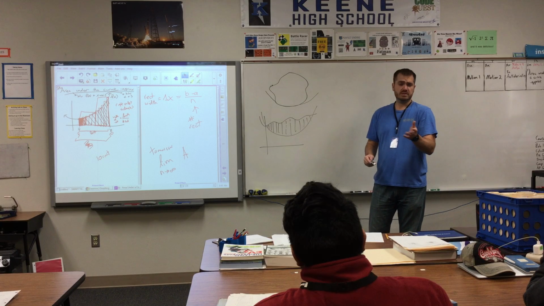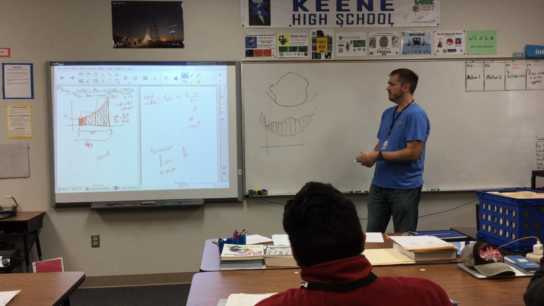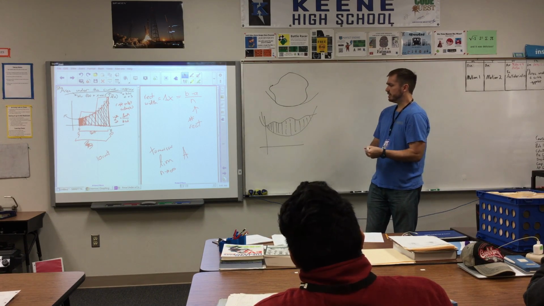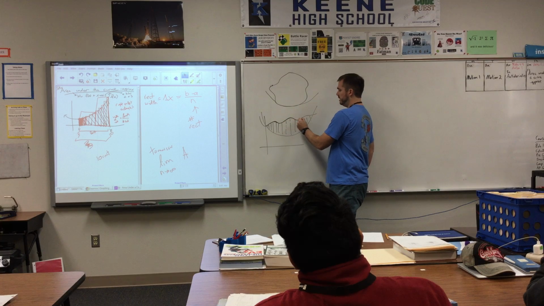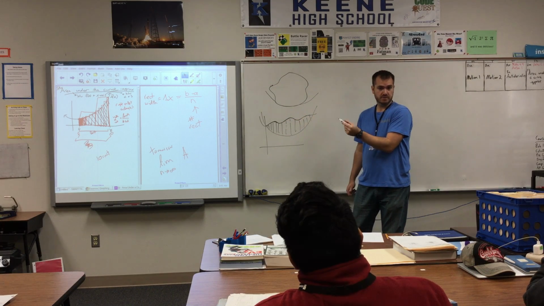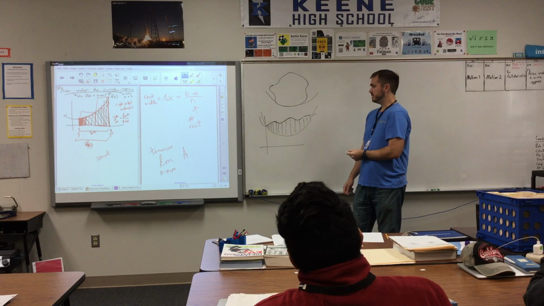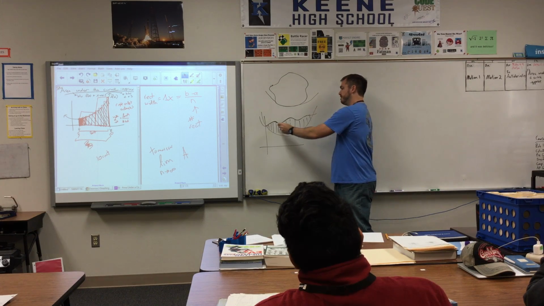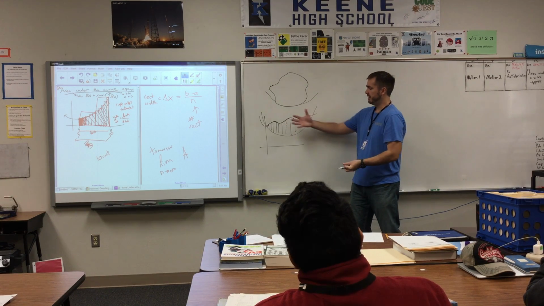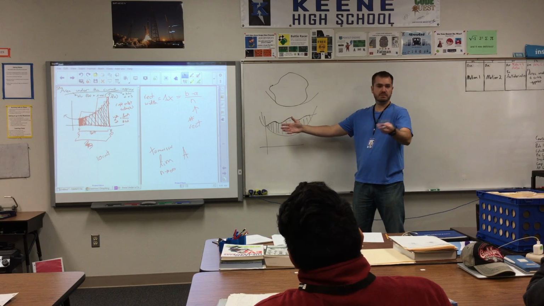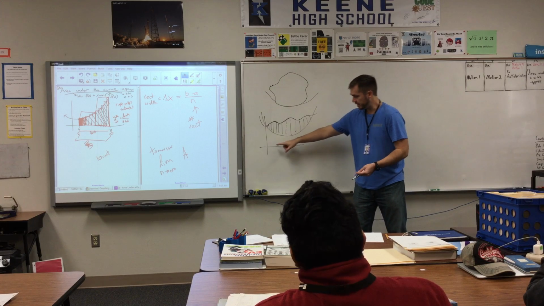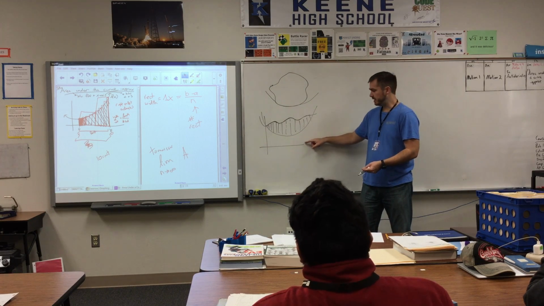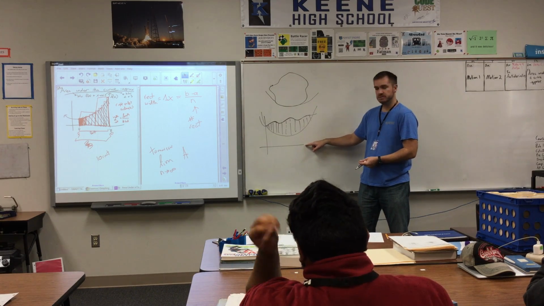Later on down the road, this is a Calc 2 thing, not a Calc 1 thing, but with the process we're doing here, you're also able to find the length of that curve, using a similar process. You can also imagine taking this and, my engineering students, revolving it around an axis of rotation.